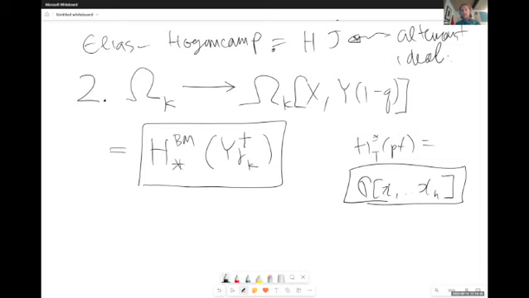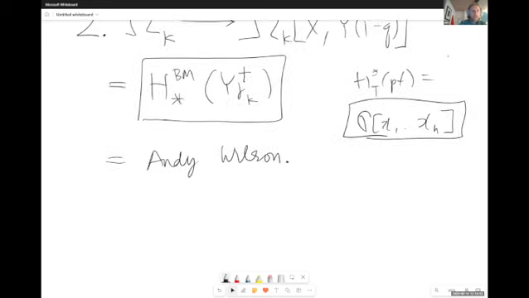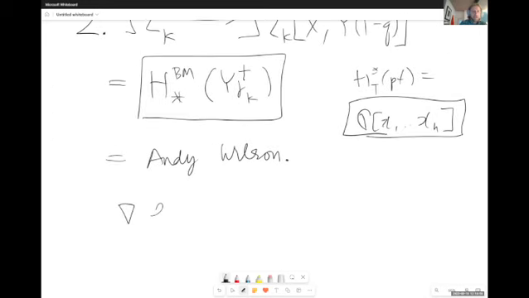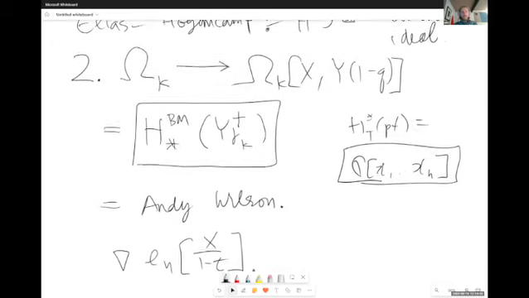It's not equivariant, it's different from the equivariant expression. In fact, this is very close to a formula discovered by Andy Wilson earlier for nabla of en, I think I'm getting this right, of just x over 1 minus t. I believe that's the right form of that expression, right?